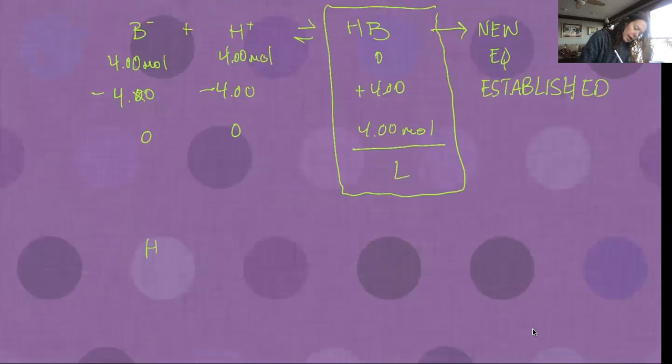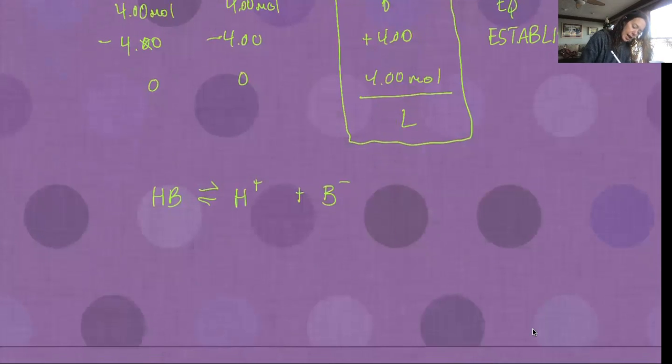So we would write HB yields H plus B minus. We would need a Ka.